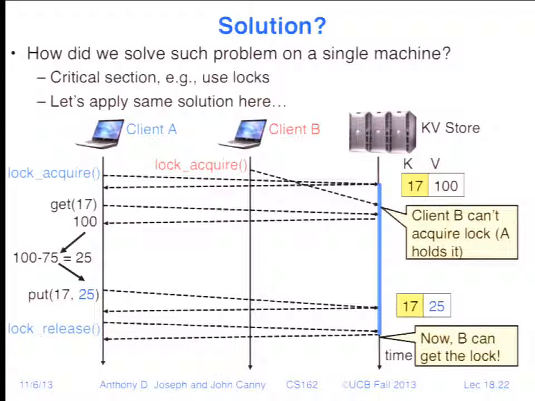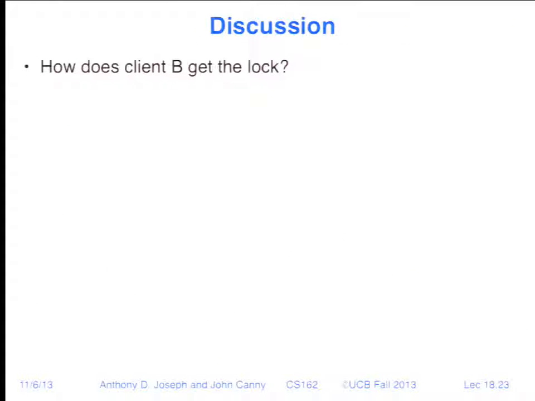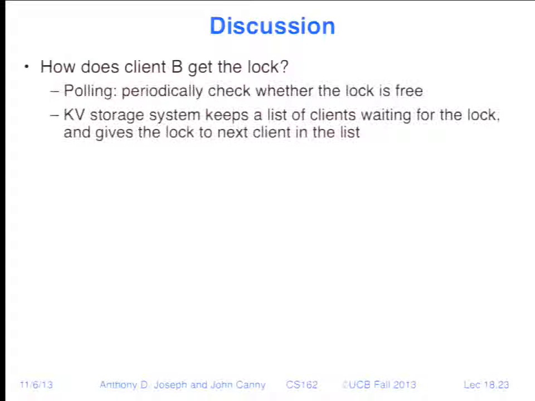So how does B figure out, though, that this has all happened? Two ways. Okay, well, first of all, what could they do? How could B figure out that the lock is free now? What's the simplest possible way? Yeah, I could just keep asking. It could poll the lock manager. The other way is to maintain a list of waiting clients at the key value store, actually at the lock manager.